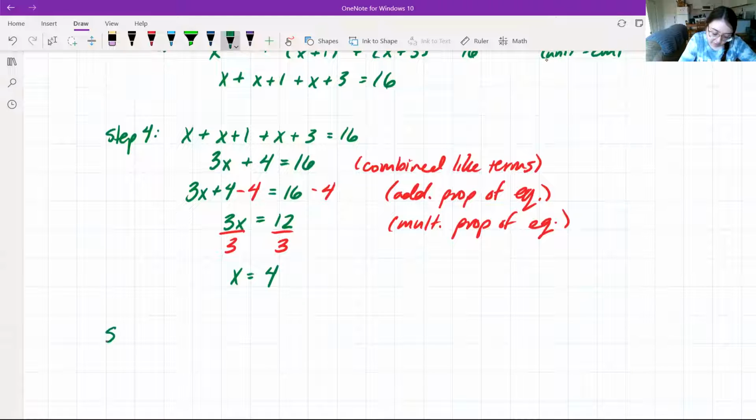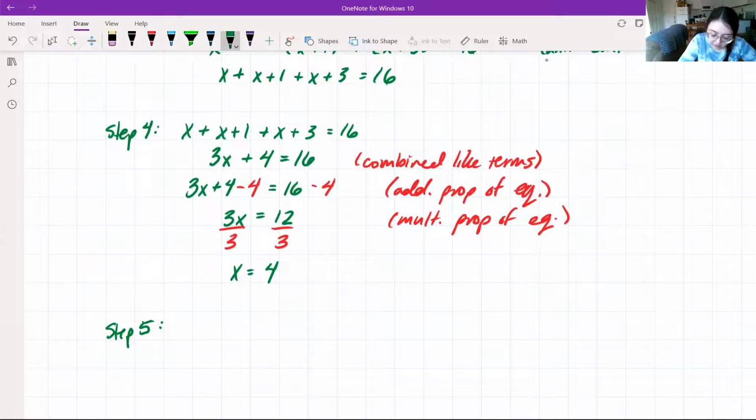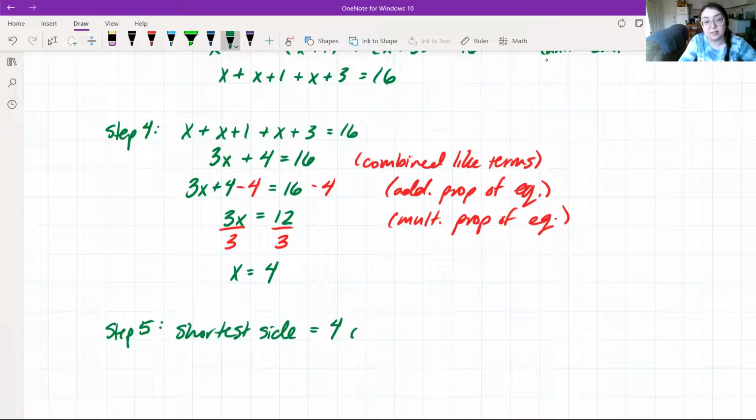For step 5, we want to state our solutions. So since we got that x was equal to 4, we say that our shortest side is equal to 4 centimeters.